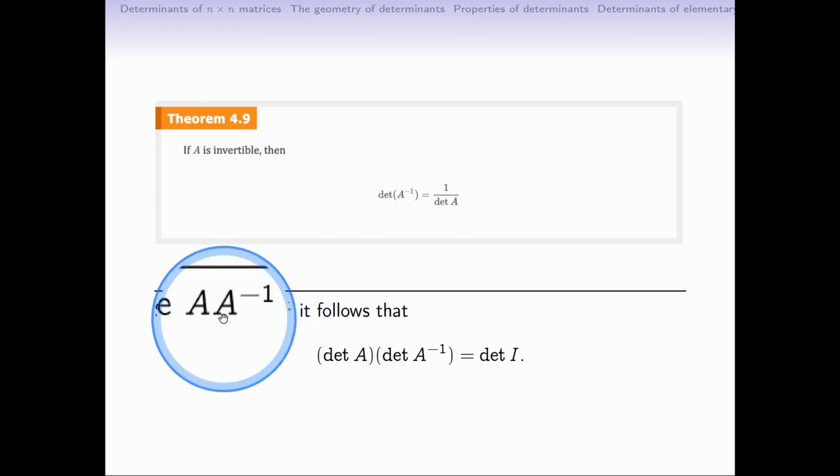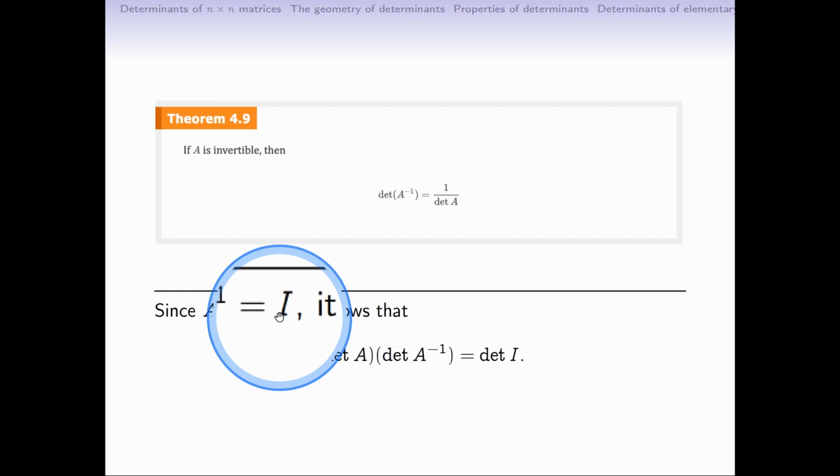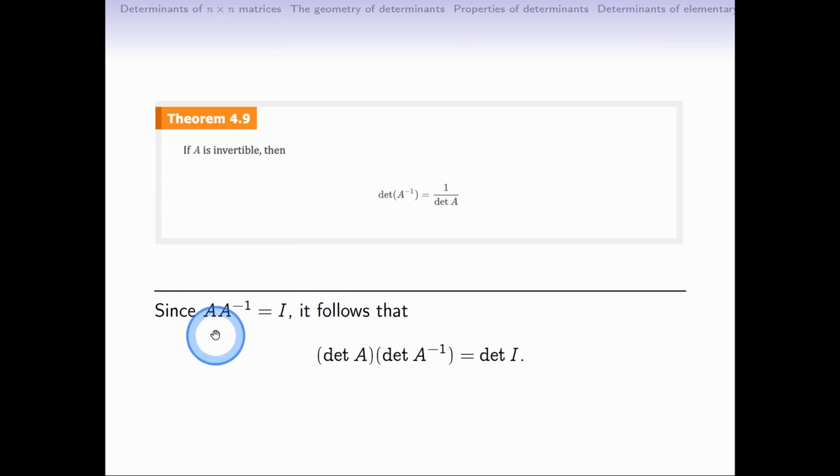We know that A times A inverse is equal to the identity matrix, and that means that the determinant of A times the determinant of A inverse must equal the determinant of the identity matrix. But the determinant of the identity matrix is equal to 1, and therefore this result, theorem 4.9, as pleasing as it is, is really a simple consequence of theorem 4.8.